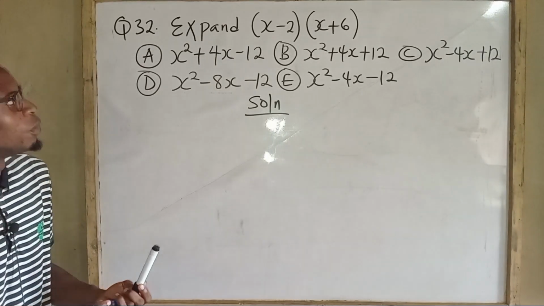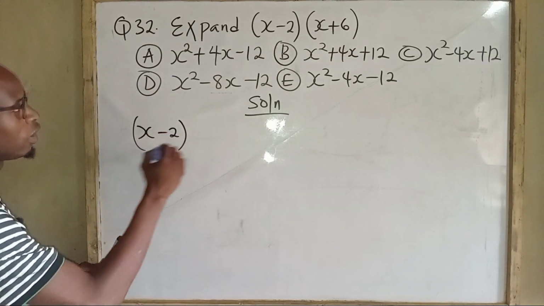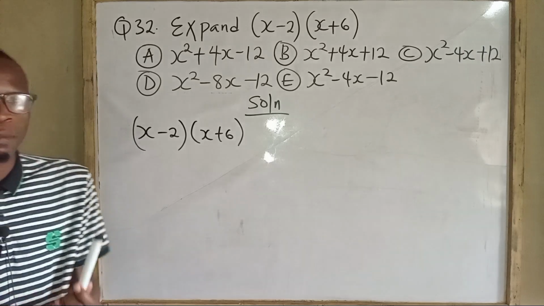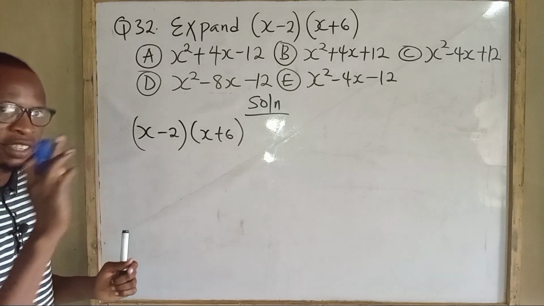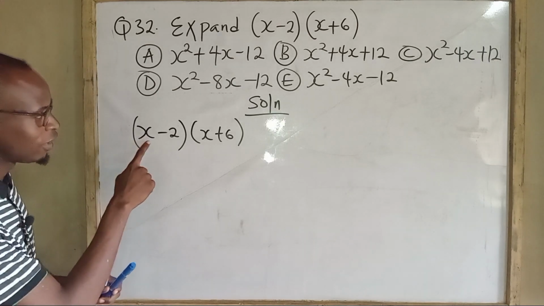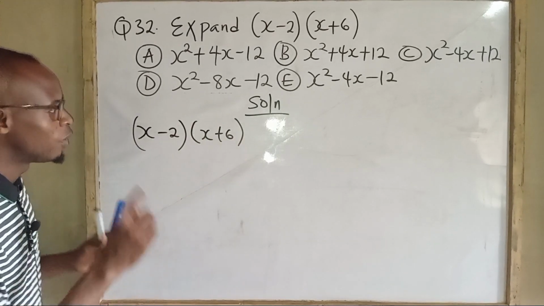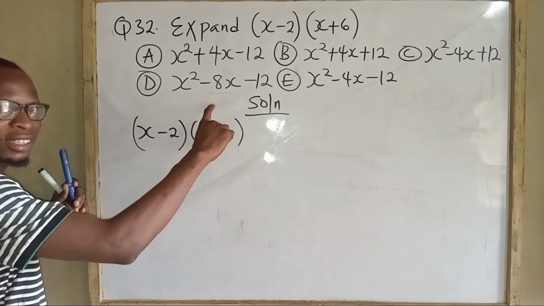I have question 32 on the board. It says we should expand (x minus 2)(x plus 6). For every expansion of brackets, you should know that a bracket has a first term and a second term. So this is the first term, this is the second term for this bracket, first and second for the second bracket. The first thing to do is to multiply the first term in each bracket.